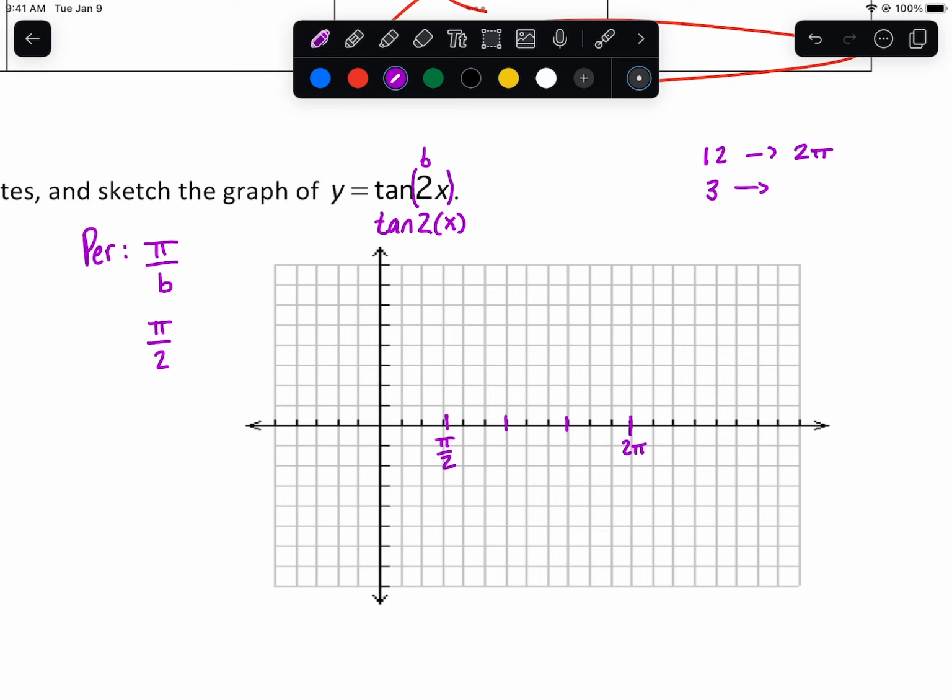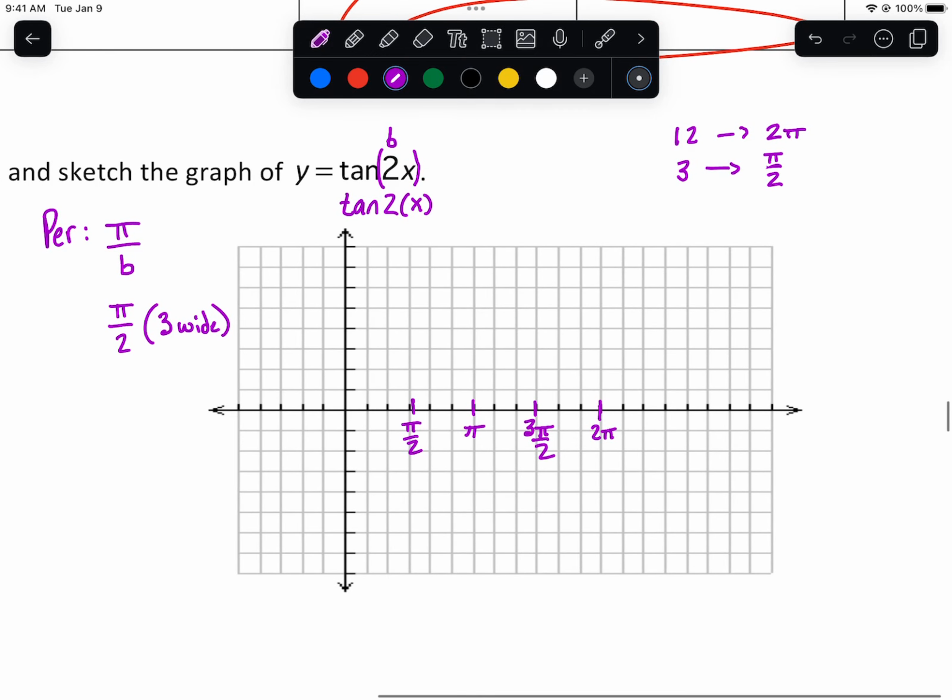That will help us figure out how wide to make our tangent curves here. So pi over 2, what else we got? Pi, 3 pi over 2. So 3 tick marks should match up with pi over 2, which will help us get how wide our period needs to be here.